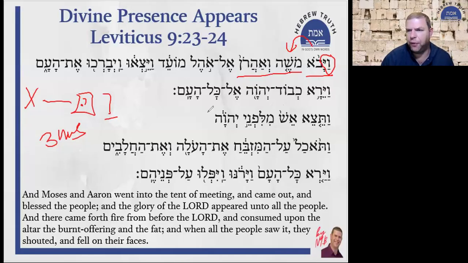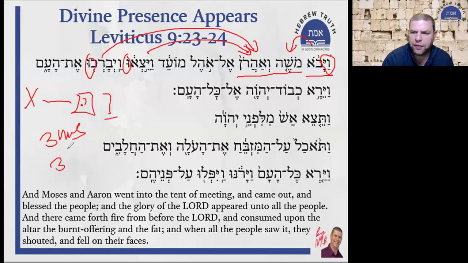Afterwards, yes, we do have the plural: Vayyetze, Vayvarechu. Both of these already have the U at the end, marking the third person masculine plural, because they come after the compound subject, which is also very common in standard biblical Hebrew narrative.